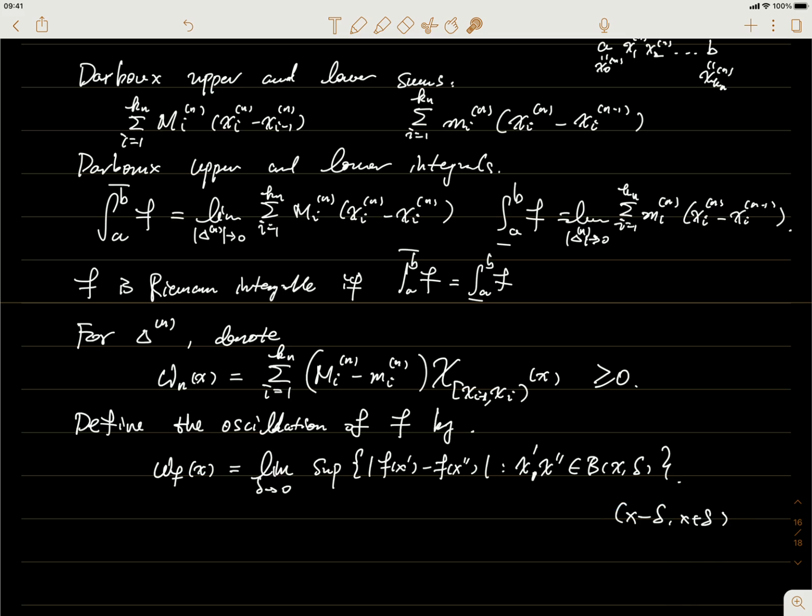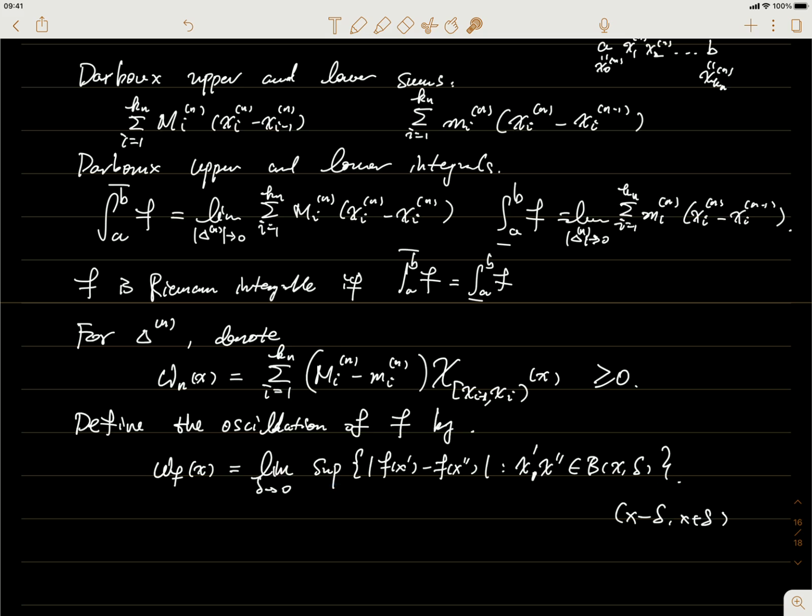Then for any fixed x, we push this delta to 0, making this interval smaller and smaller. You can see that this value will decrease as delta decreases, because we'll be taking the supremum over a smaller set.